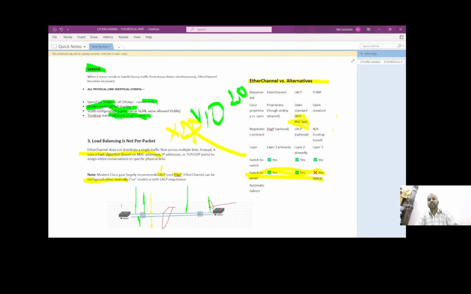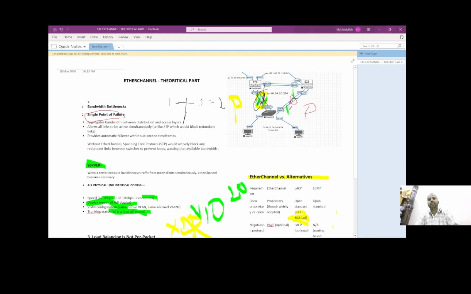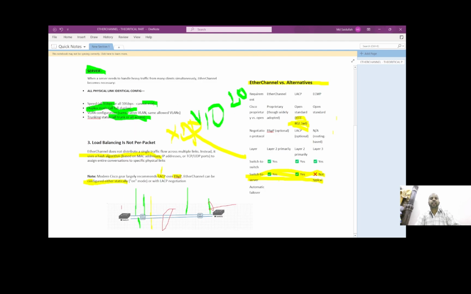Okay, my friend. PAgP is Cisco proprietary and LACP is the open standard. That's why, since one side is my firewall and the other side is a Cisco switch, I also use LACP. And here both are Cisco switches, you can use PAgP, but preferable is LACP.